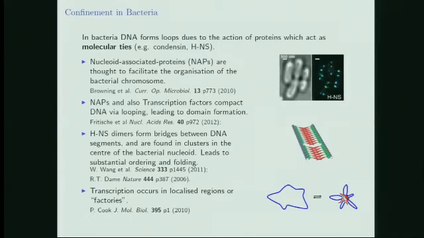And then there are proteins such as the histone-like nucleoid structuring protein, which has been seen to dimerize and form bridges between different DNA segments, and they're often found in clusters in the center of the nucleoid. Also, there's growing evidence that transcription occurs in localized regions or factories, and such transcription factories would basically be clusters of proteins, which are the machinery involved in transcription.